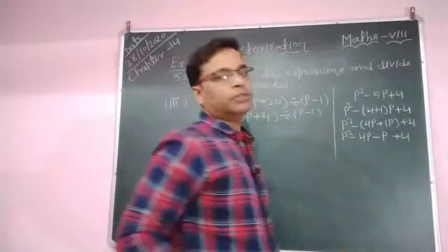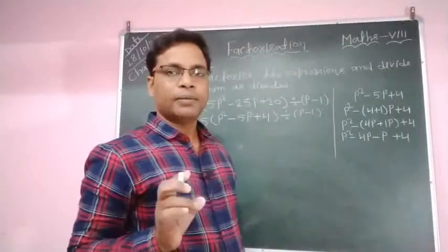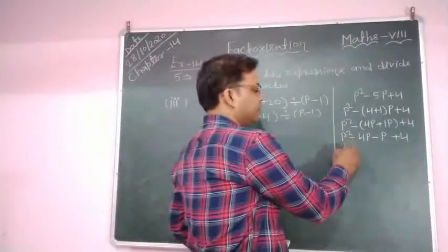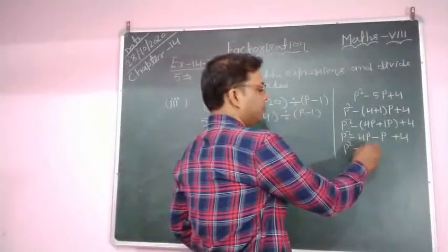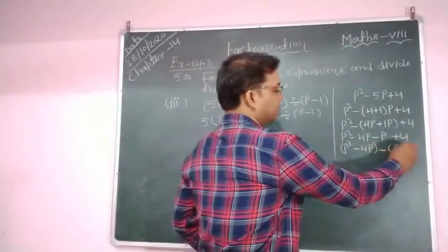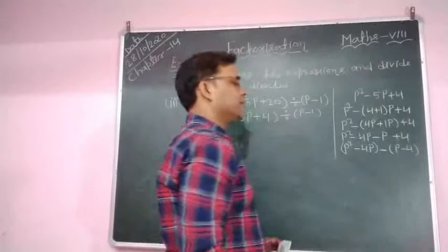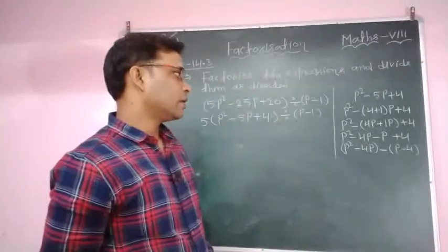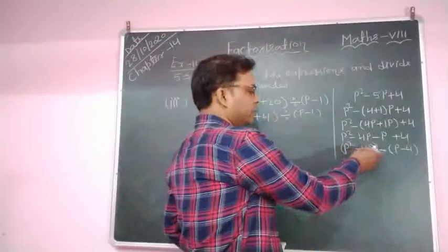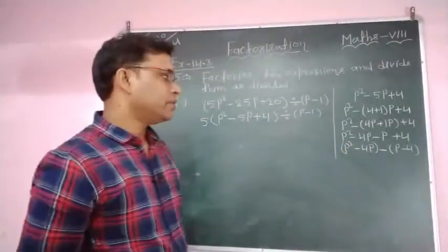This is a four-term expression, so we group it in two terms each. We take p square minus 4p as one group, and minus p plus 4 as the second group. Clear?